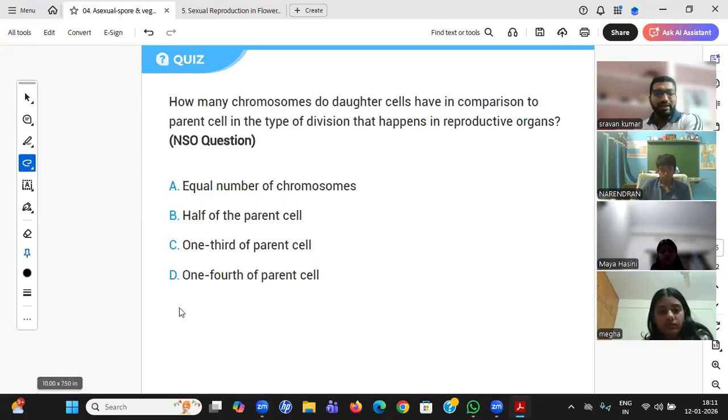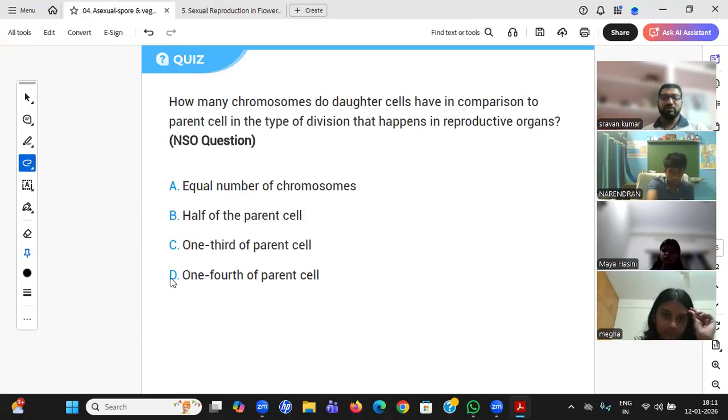How many chromosomes do daughter cells have in comparison to the parent cell in the type of division that happens in reproductive organs? Think and answer.